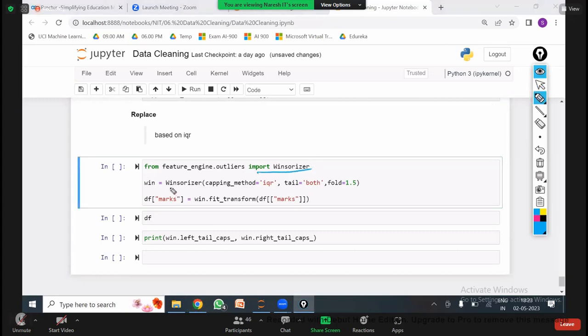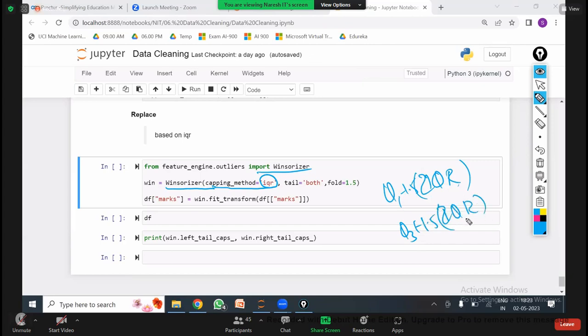In the Winsorizer technique, capping method is equal to IQR, which means it is going to calculate the IQR. After calculating the IQR, tail is equal to both, which means left side and right side. Both sides it is going to calculate: Q1 minus 1.5 into IQR and Q3 plus 1.5 into IQR.